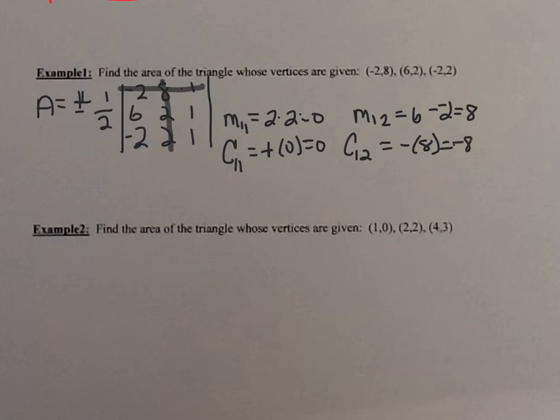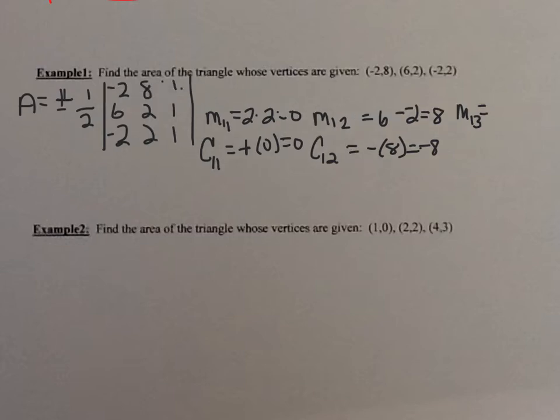And then I need to do minor 1, 3. Okay, so minor 1, 3, I would take out row 1 and column 3. So it would be 6 times 2 is 12, minus negative 2 times 2 is negative 4. So that's 16. So my cofactor 1, 3 is negative 1 to the fourth power, which is positive 1, times 16, which is going to be 16.